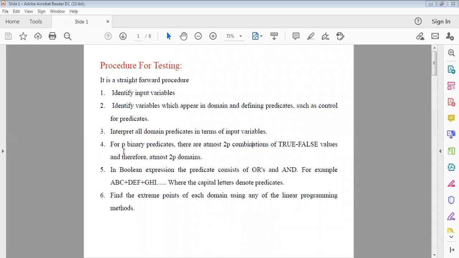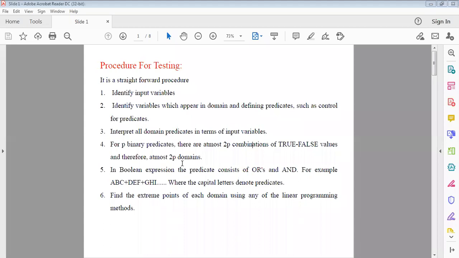So for binary predicates, at most two combinations and at most two predicate domains will be acquired.